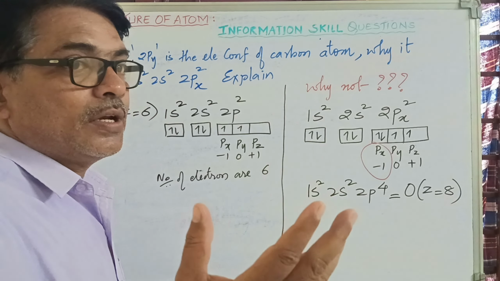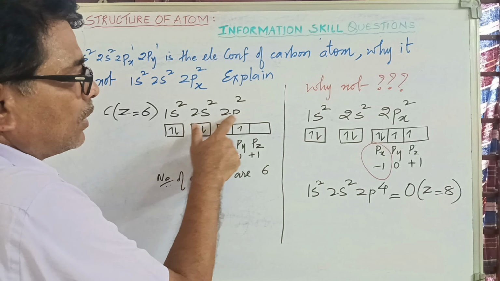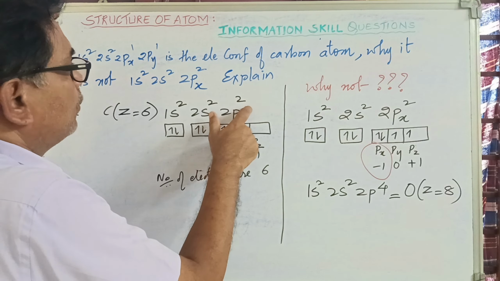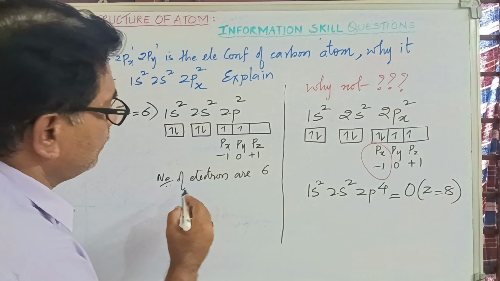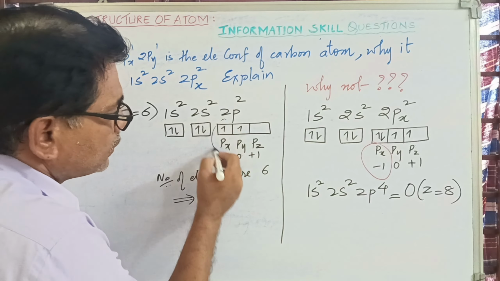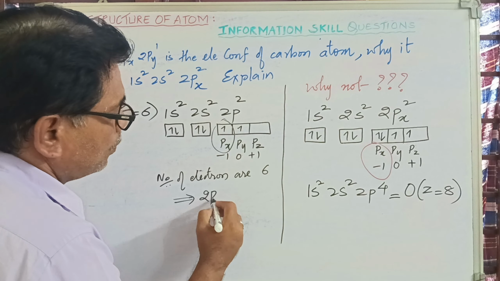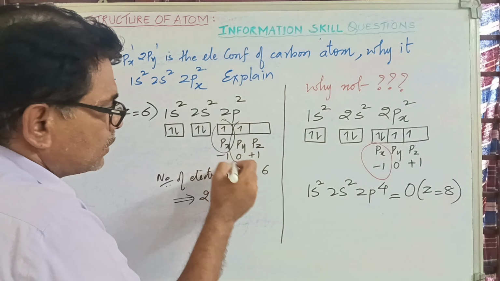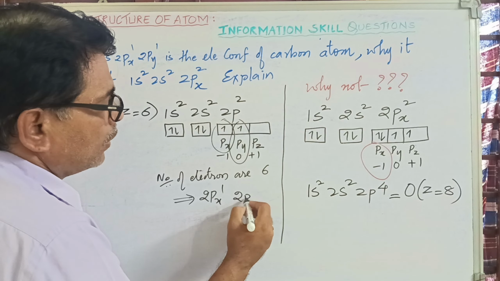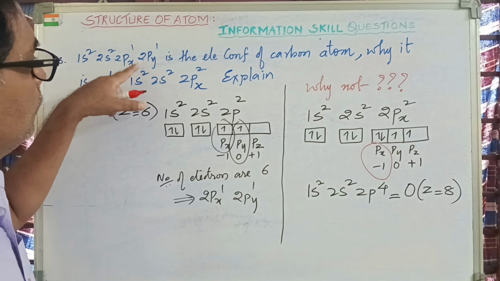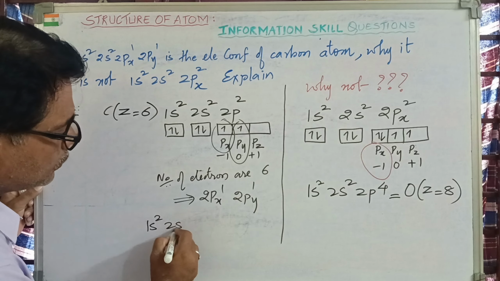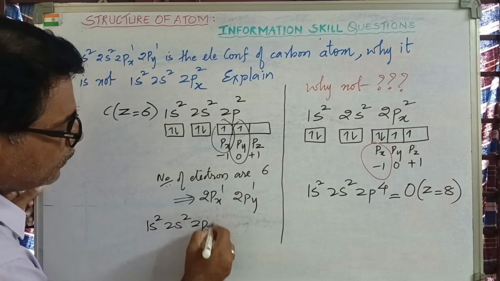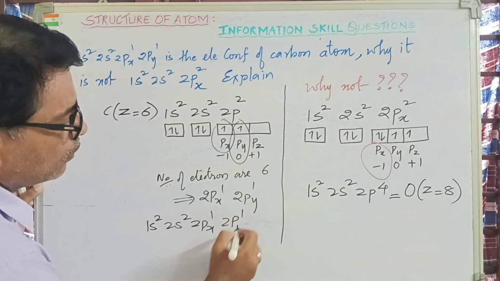What is the difference? Once again, let me tell you. He said it is directly 2p2, or else it is 2px1 and 2py1. Let me clarify according to the question. This indicates 2px1, and this indicates 2py1. So according to your question, 1s2, 2s2, 2px1 only, 2py1 only.